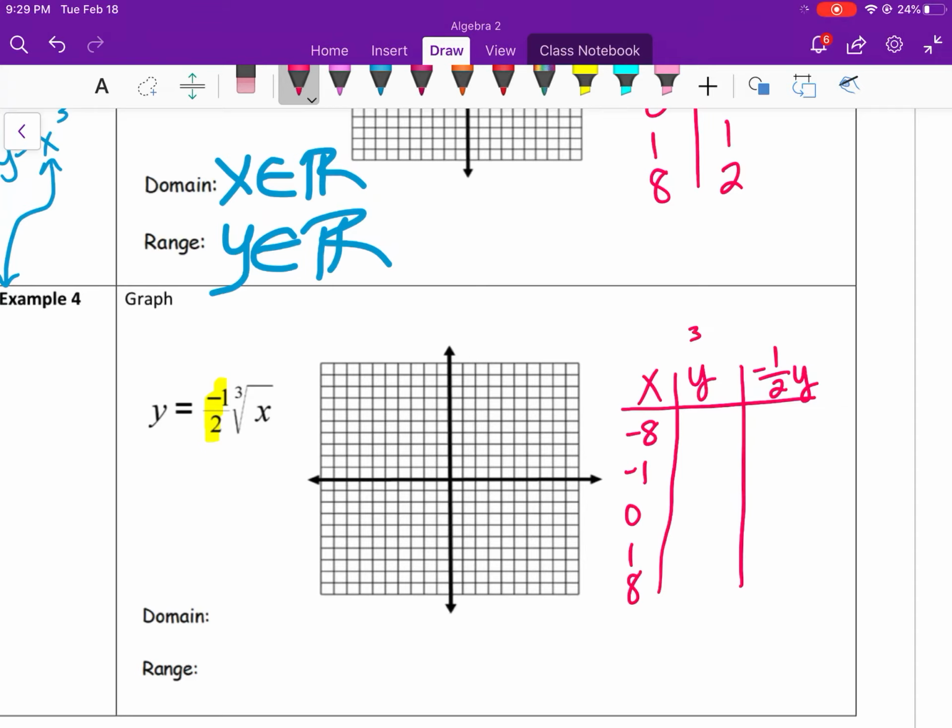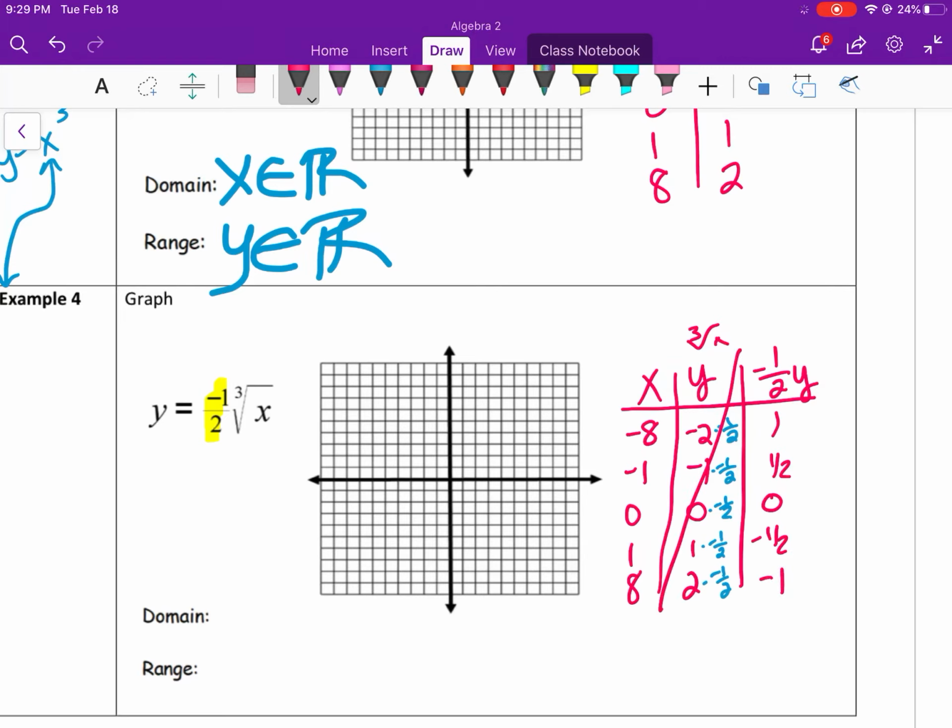The middle column is the cubed root of those values, so -2, -1, 0, 1, 2. And then the third column, you take the middle column times the -1/2 on each one. So I'd get 1, 1/2, 0, -1/2, and -1.